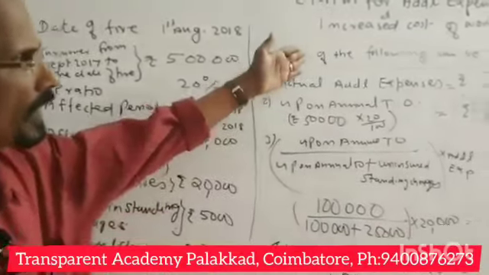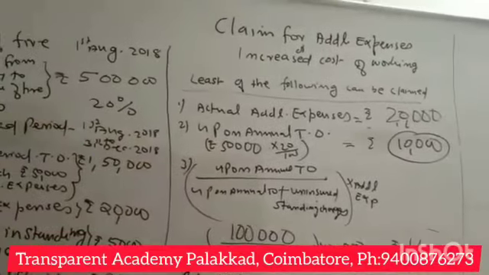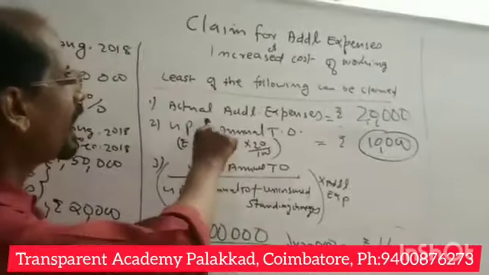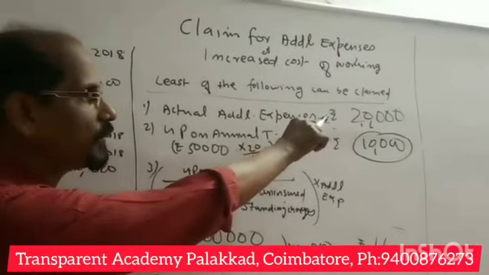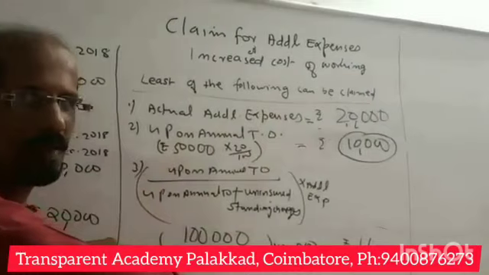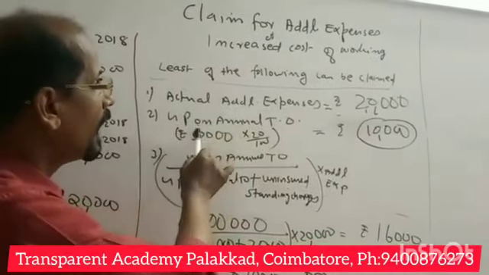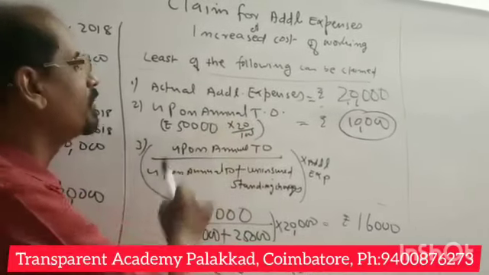The least of the following three will be claimed. What is the least of the following? First, the actual additional expense, for example, 20,000. Then GP on saved turnover.